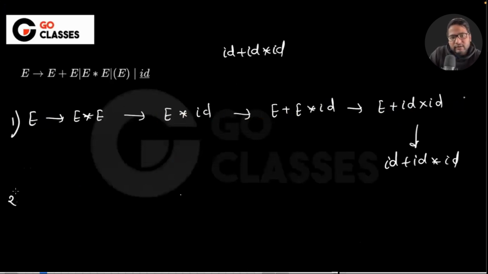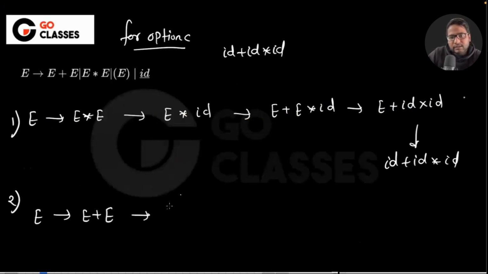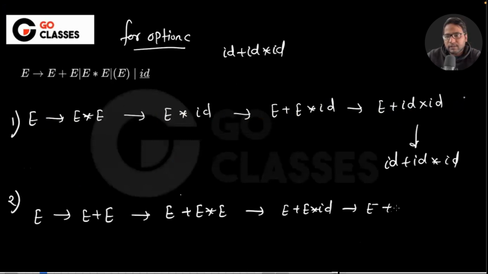And the second way for option C we have seen is, if you take E gives E plus E first, then E into E, then it is E plus E into ID, and then E plus ID into ID, and then ID plus ID into ID.